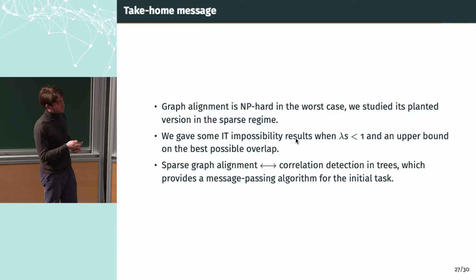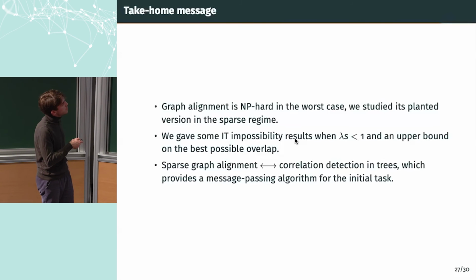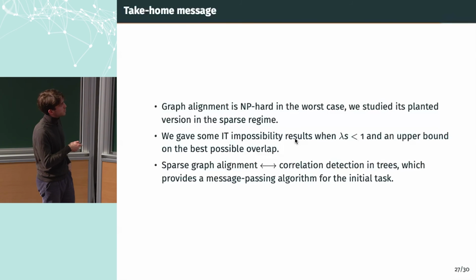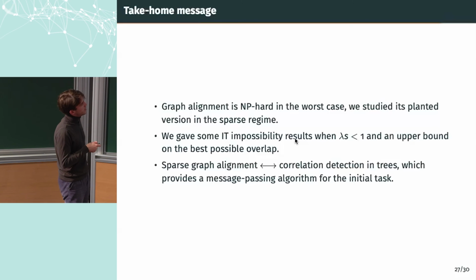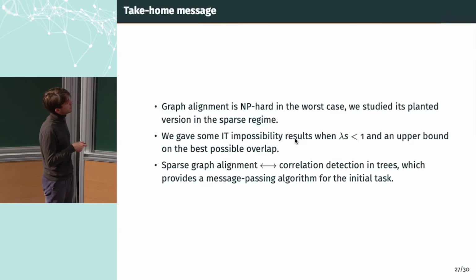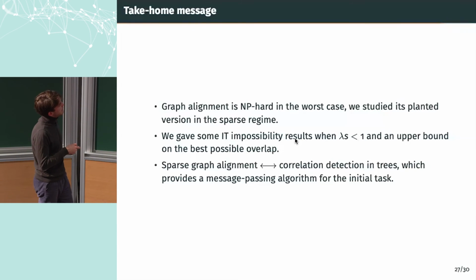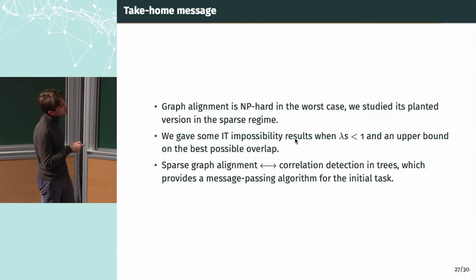And looking at a local method for this problem, in this case, we actually end up with another problem in trees. And we analyzed this correlation detection problem in trees. And this gives us a local algorithm.